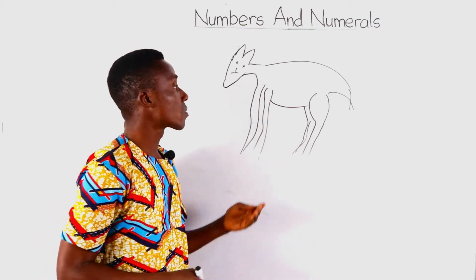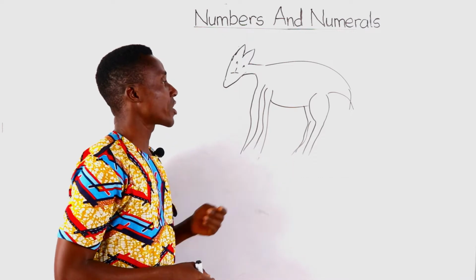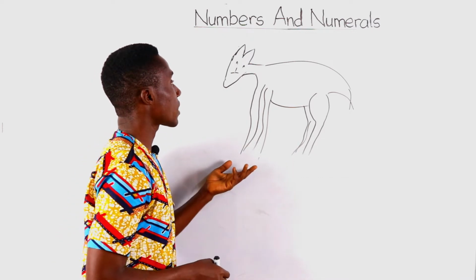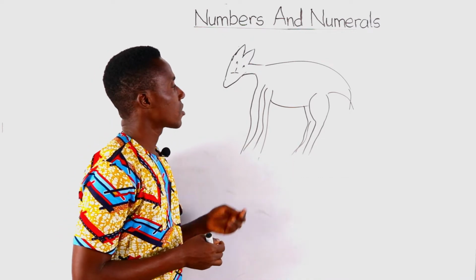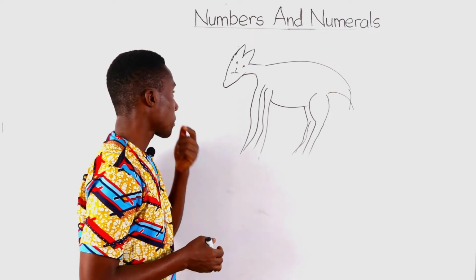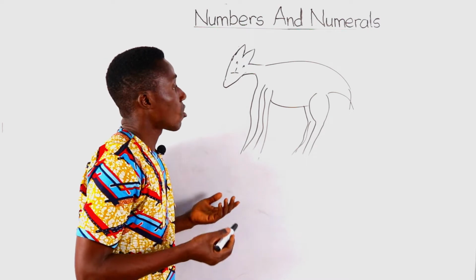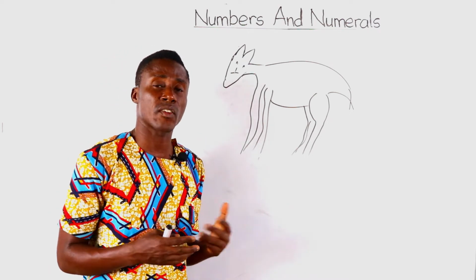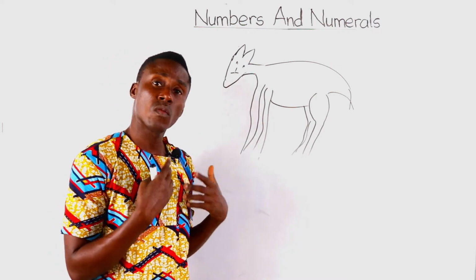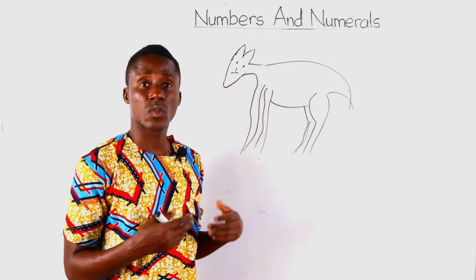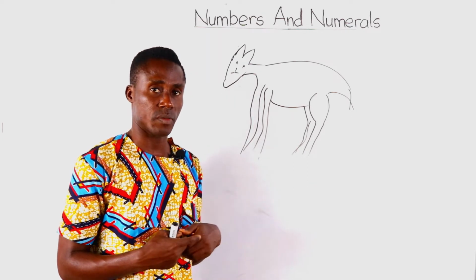Okay, so now when we look at this drawing, it looks like a dog. It also looks like a sheep. It also looks like a goat. Or it can look like any other thing that the humans would have wanted it to represent in those times.